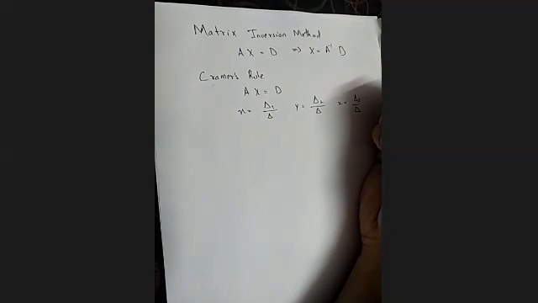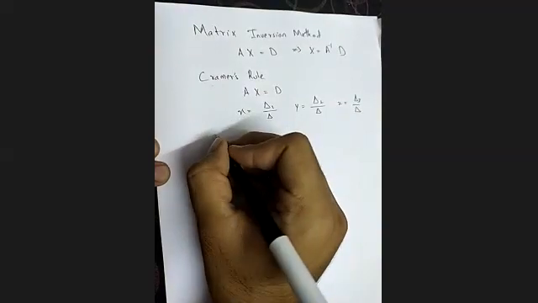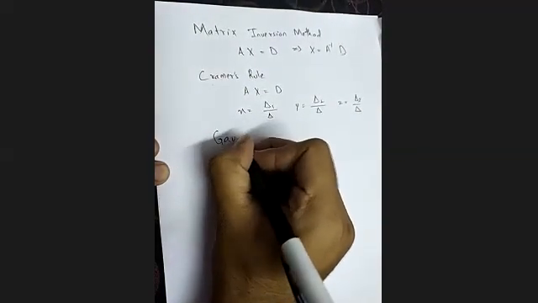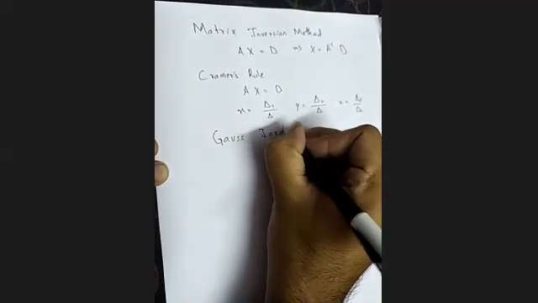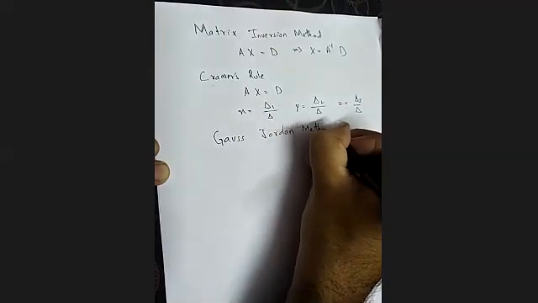Okay, next is Gauss-Jordan method. Gauss-Jordan method is the most important method, and this is a bit tricky one.